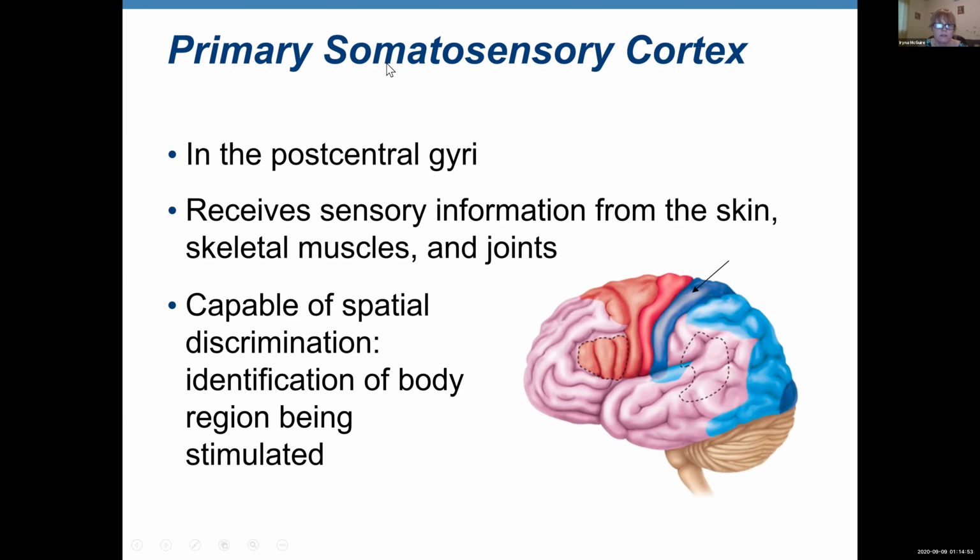But first, let's look at this word, somatosensory. Somatosensory means really that sensory information reaches your cortex and it reaches your consciousness. You really understand this sensation. And this sensation comes actually from your skin, skeletal muscle, and joints.